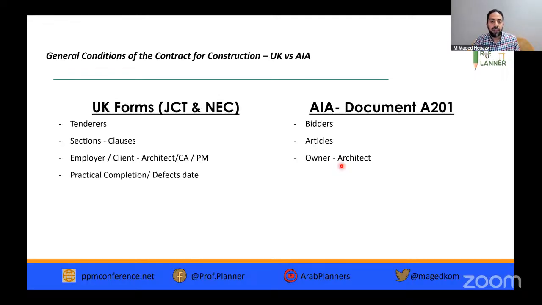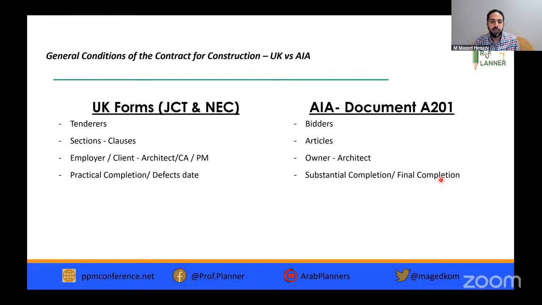We have practical completion and the fixed date, for example, in the UK, while in the American form we have substantial completion and final completion. In FIDIC we call this completion of works or taking over certificate and performance certificate.